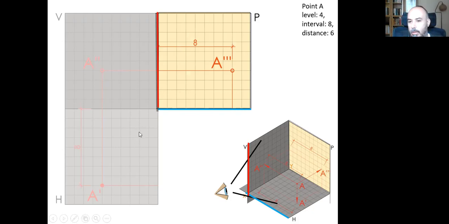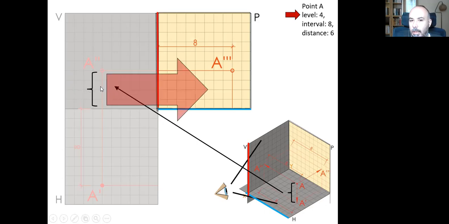And in order to locate the exact position of A triple prime, I need 2 lengths. First, the level here. But I don't need to count 4 squares one more time because I already did that. I just counted and positioned A double prime here.